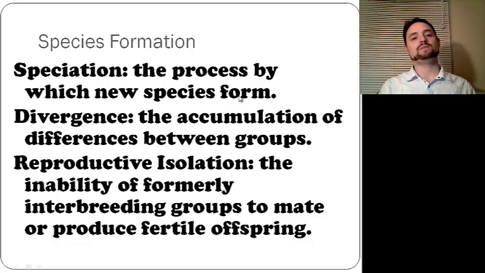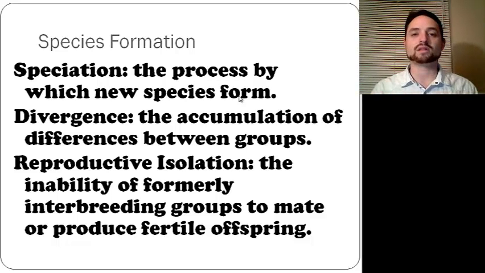And this could be some kind of environmental change that's caused a split between a population, and now you've got two different sides of this population, and if the environment changes or something's different on one side that's not on the other, then you could have differences develop. As those differences develop, if it becomes different enough, they may not be able to reproduce with each other.